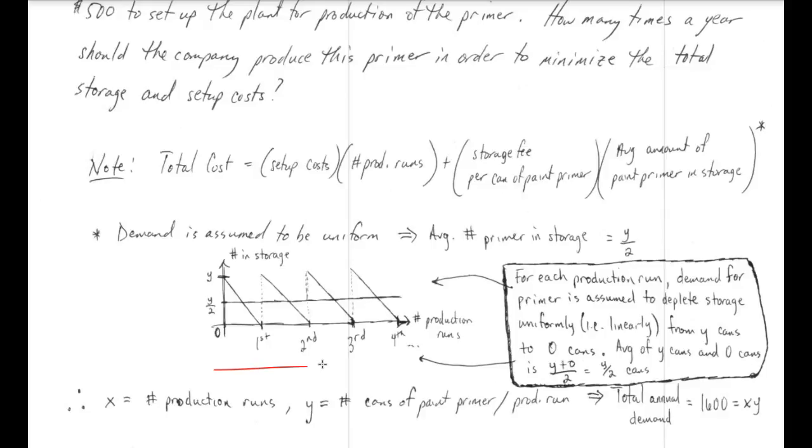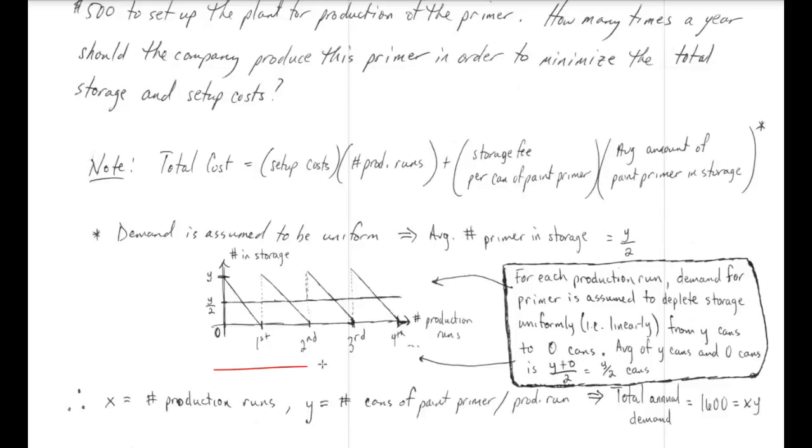And then the first re-up for the production run, we'll get Y number of cans of automobile primer again, and we decrease linearly. We keep going up, and we keep going up. Okay, and we know that for each production run, the demand of the primer is depleted uniformly, which is another way of saying linearly, from Y cans to 0 cans. And so that's the assumption.